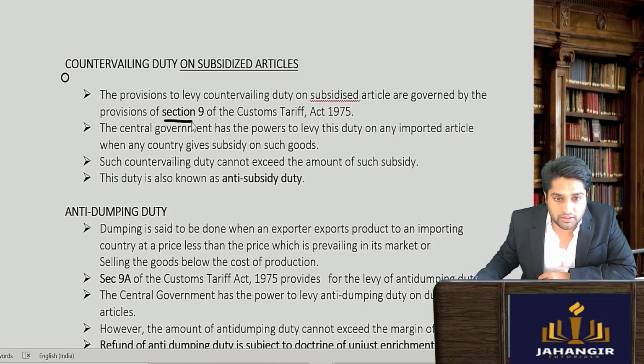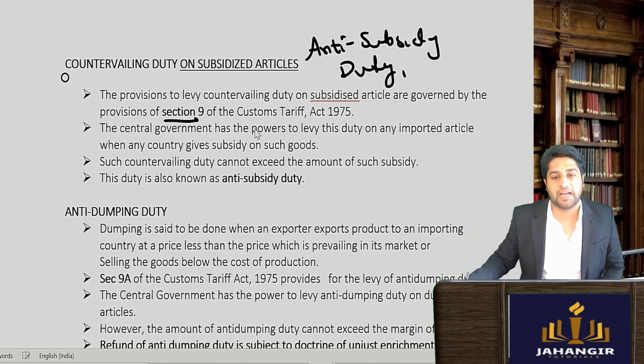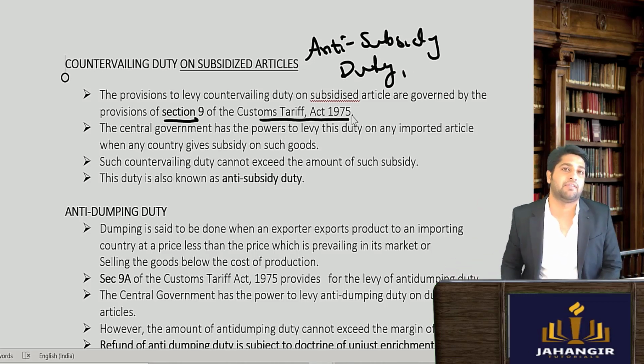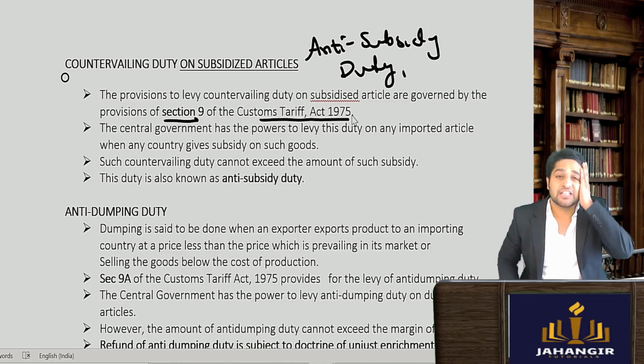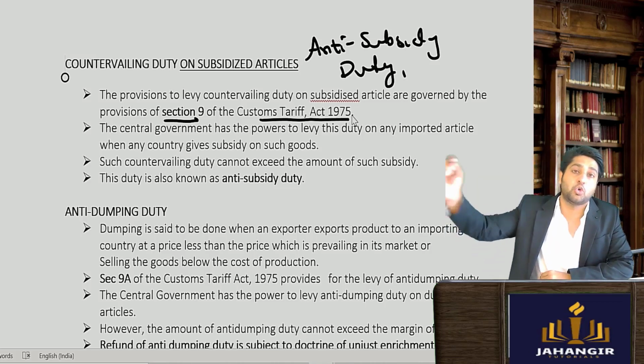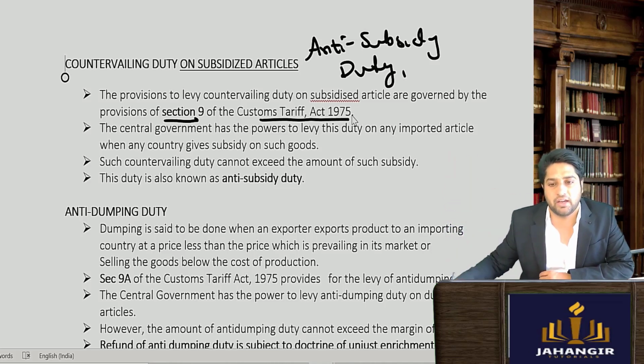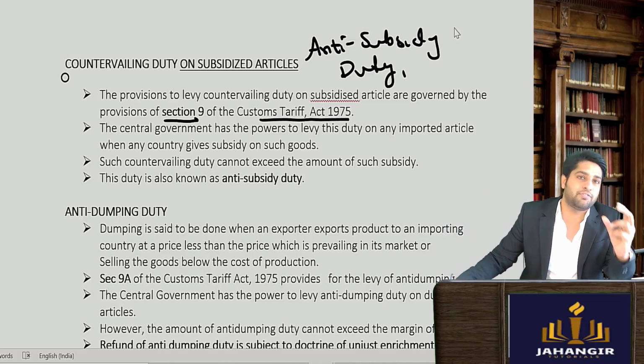Now we are coming to section number 9. Section 9 is called countervailing duty on subsidized articles, which is also called anti-subsidy duty. Section 9 of the Customs Tariff Act 1975. Again, it's a very, very interesting scenario: there is a country which is providing subsidy to its people so that they can sell at a very low cost. Subsidy होती क्या है? Subsidy is a monetary benefit given by a government to its people.